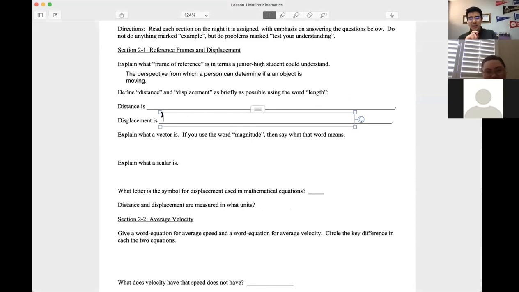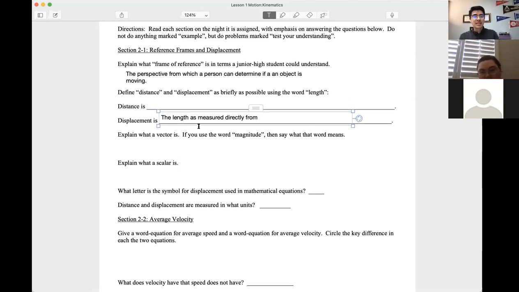Instead of distance, let's use the word length. Displacement is the length in reference to where you originally started, and distance is the length of movement total. The total length of the path.